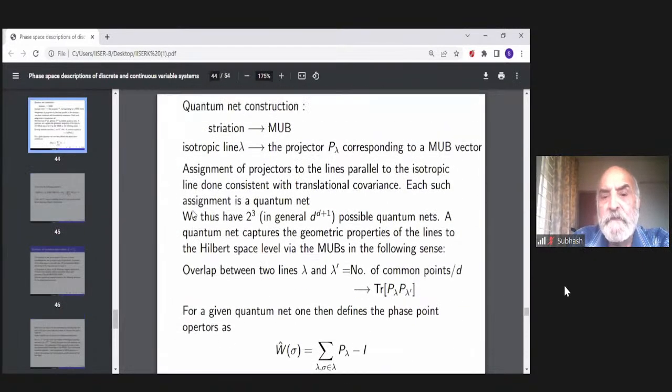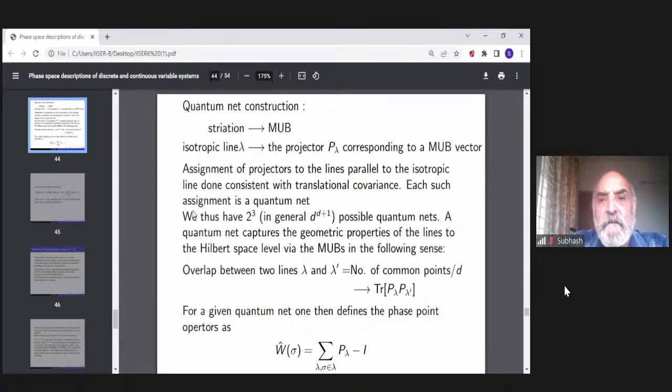So let me repeat. In the continuum, for the situation that we dealt with, there's only one Wigner description. But when we go to the discrete case, there are several equally good Wigner descriptions.